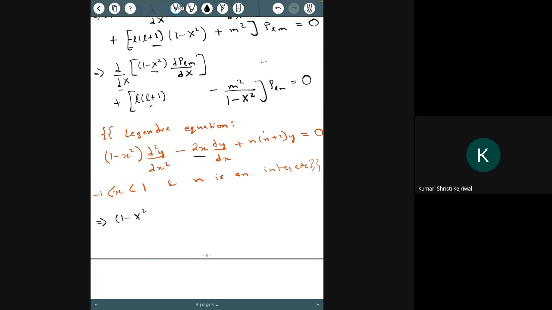So I have 1 minus x square, then d square dx square P_l^m, and minus 2x dP_l^m/dx. I'm sure you're smart enough to do that. And in this part, I have 1 extra term. This is m square by 1 minus x square. So this part is extra.